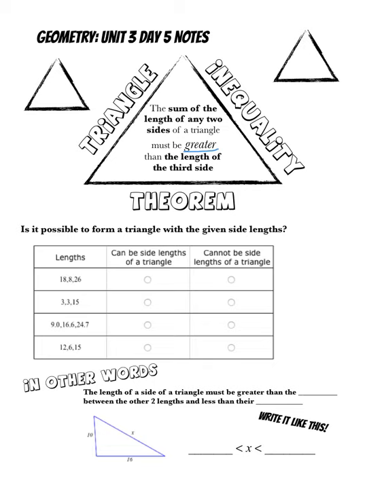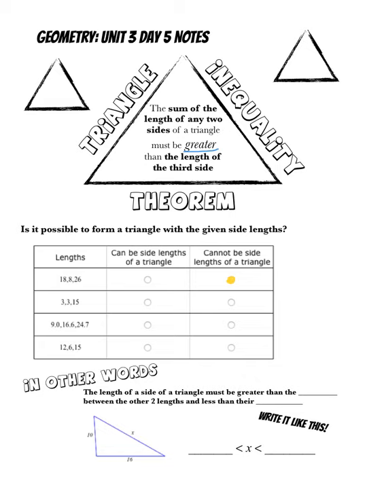So I'm looking at these lengths and I'm going to add them. This 18 plus 8 must be greater than 26. Well, 18 plus 8 is 26. Is 26 greater than 26? No, it is not. So those lengths cannot be side lengths of a triangle.